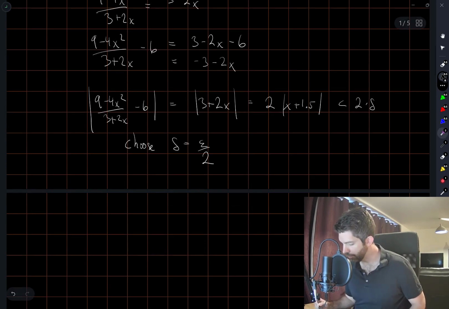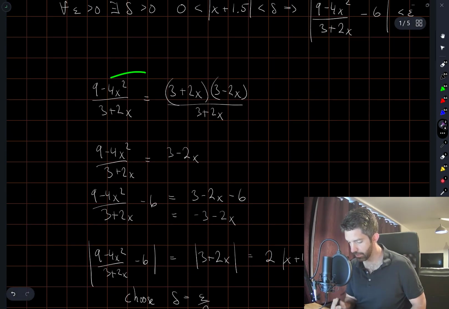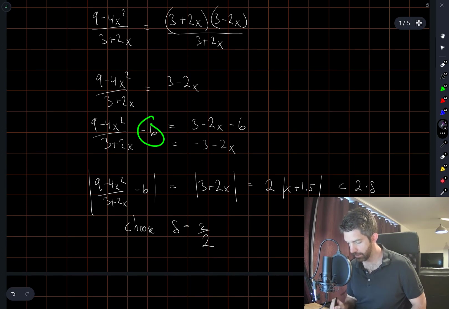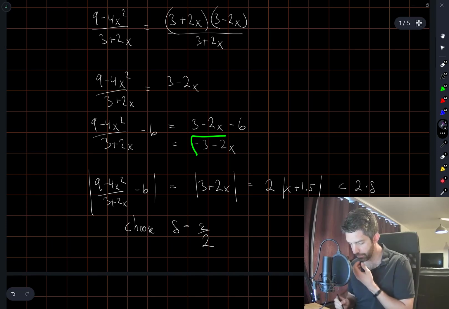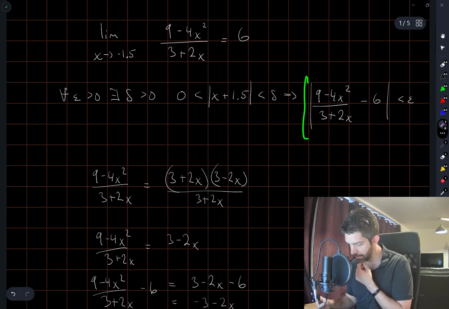Okay, after going through some manipulations, I did the factorization like I said. I get a cancellation. Then when I subtract negative 6 from both sides, I get some expression here. Take an absolute value. Now the absolute value of this whole thing is the quantity that we're trying to bound by epsilon.